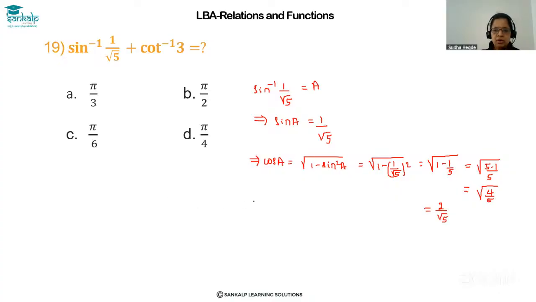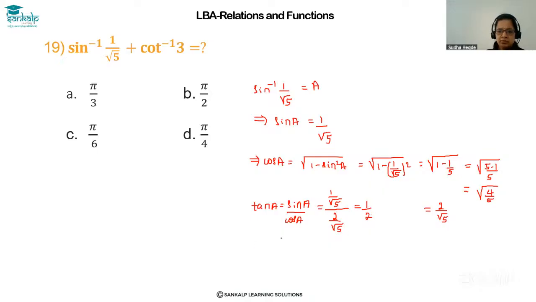So you have sin A and cos A. Therefore, tan A is equal to sin A by cos A, that is equal to 1 by root 5 divided by 2 by root 5, that is equal to 1 by 2.